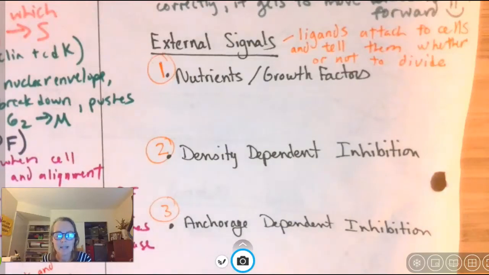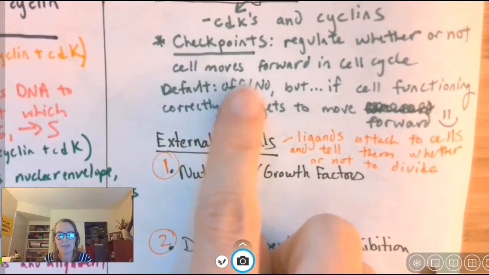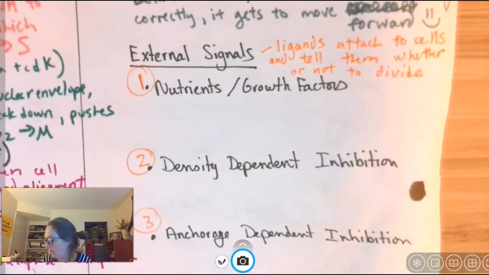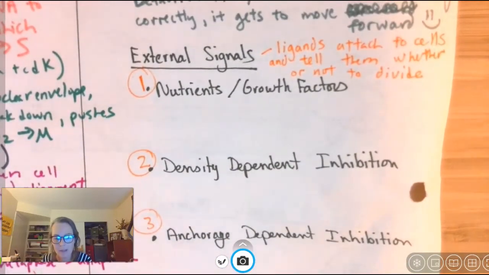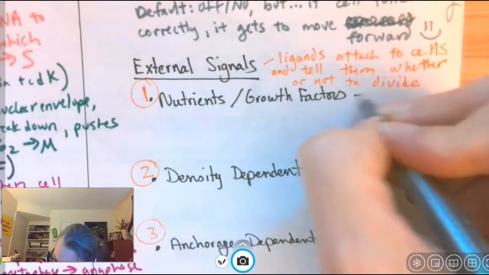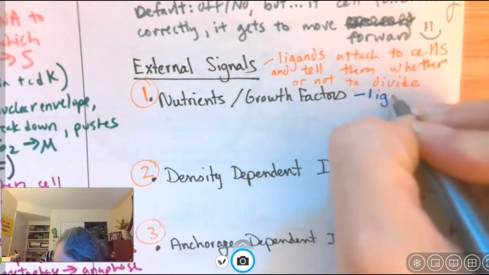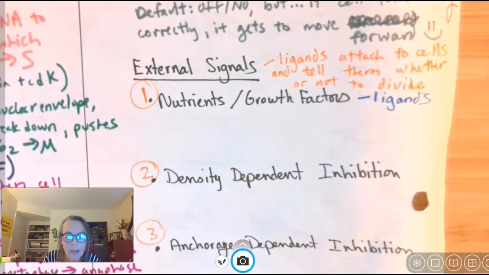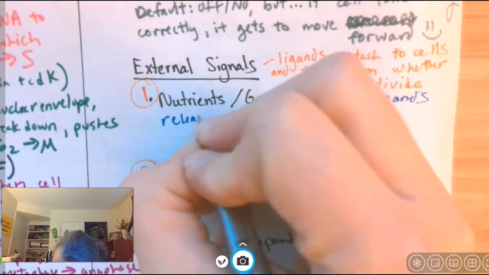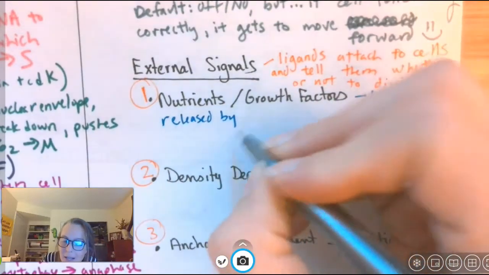So CDKs and cyclins are internal signals inside the cell. But how does the cell get a message from outside? Those are external signals. We're going to look at 3 examples: nutrients and growth factors, density-dependent inhibition, and anchorage-dependent inhibition. Nutrients and growth factors, these are ligands or chemicals. And these ligands or chemicals are released by damaged cells a lot.